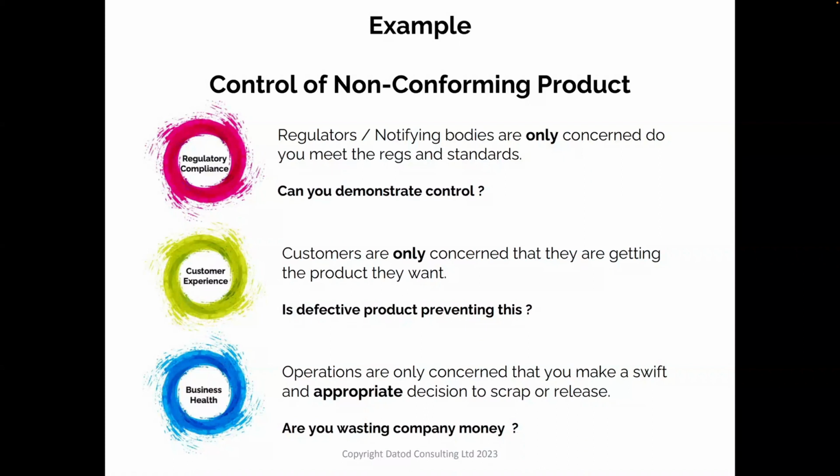But if it is going to be scrapped, very often operations and the business side of the house are more concerned with: make this decision quickly so we can plan for purchasing more raw materials to replace defective product. They're really concerned with the control of non-conforming product aspect of the QMS, and whether you are wasting company money in terms of how that part of the QMS operates on a day-to-day basis.